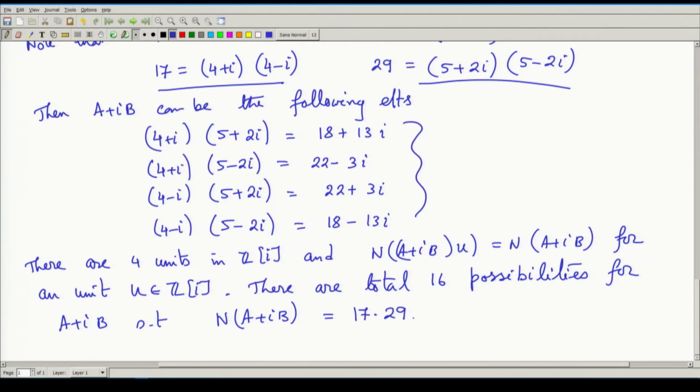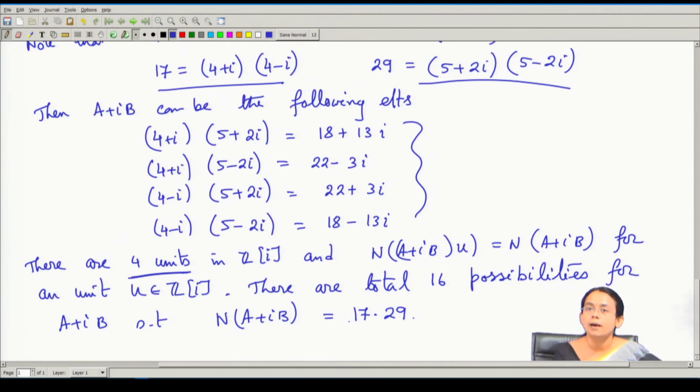So, I have all these 4 choices and then each of these 4 choices again has 4 choices because there are 4 unit elements. So, that is why we have a total of 16 choices. So, this is the case where I have considered all the primes to be congruent to 1 mod 4.